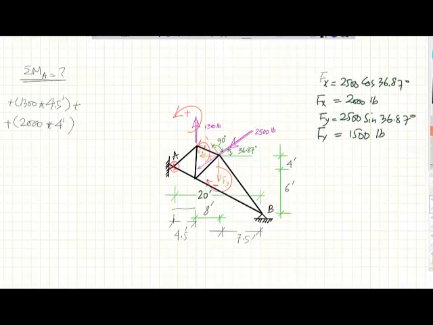And then we have Fy, which is negative: minus Fy, equal to 1500 multiplied by the distance for Fy, which is 8 plus 4.5, equal to 12.5 feet. And the result is equal to minus 4000 pound-foot. Minus means the rotation is clockwise.